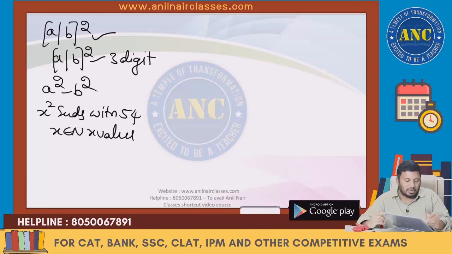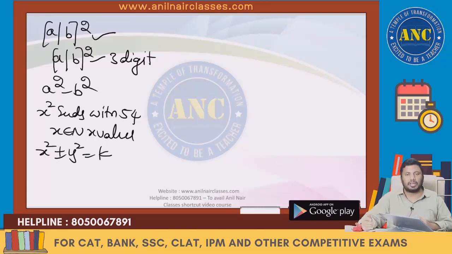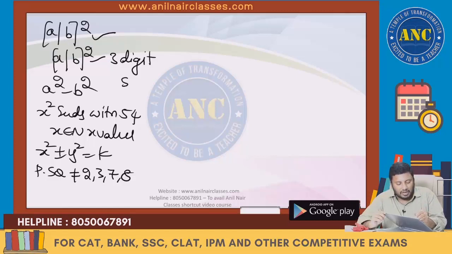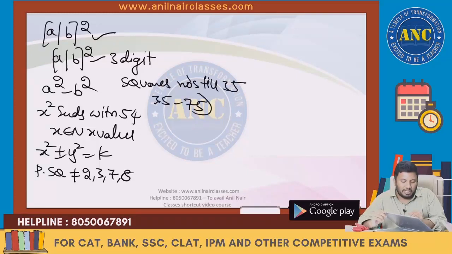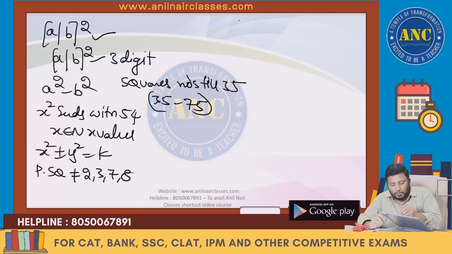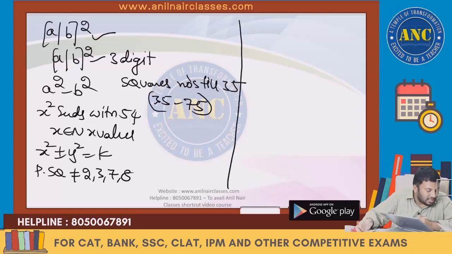Questions based on x square plus or minus y square equivalent to k. I hope it is clear. Then a perfect square never ends with 2, 3, 7 or 8. Then we discussed squares of the numbers till 35. Then we discussed from 35 to 75. I hope till here everything is clear to you.